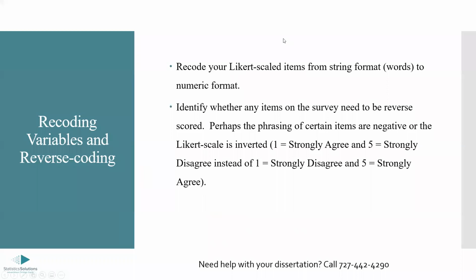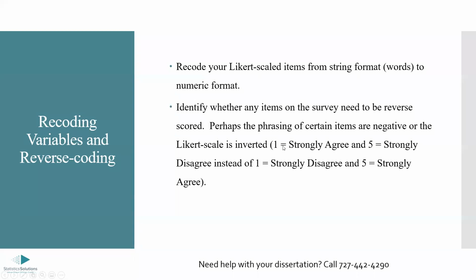The next step is changing your Likert scale questions or anything that has string format, which are words. You want to change this to numeric format. Okay, so changing words to numbers. And the second bullet point here is looking at the scoring instructions for your survey and identifying if anything needs to be reverse coded.